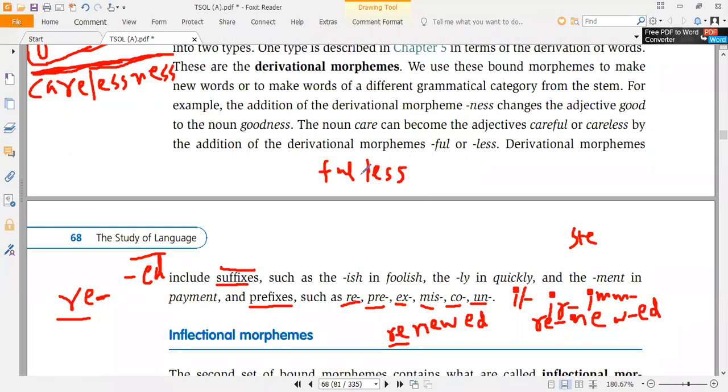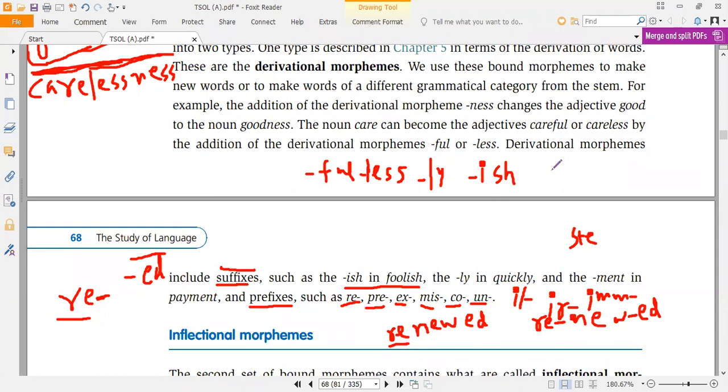Okay, so one is full, another is less, one is ly, in the word carefully, right? We have got ish in the case of foolish, right? They have given here foolish, right? Or Britain, British, right? So there are suffixes.